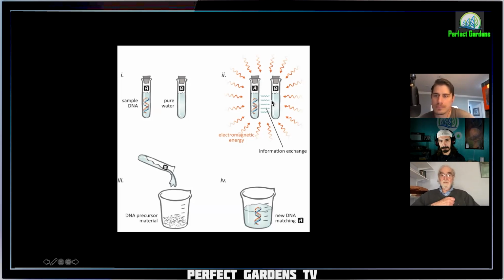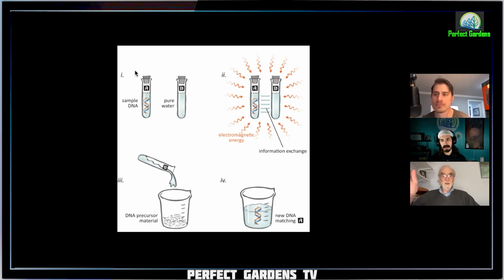To demonstrate that, he takes this water, B, and adds it to the precursor material for the PCR reaction. Everybody knows the PCR reaction now because of COVID and the COVID tests. The idea is this produces more DNA, it amplifies. And so you get new DNA. And the surprise is that it matches the DNA that was sitting here.